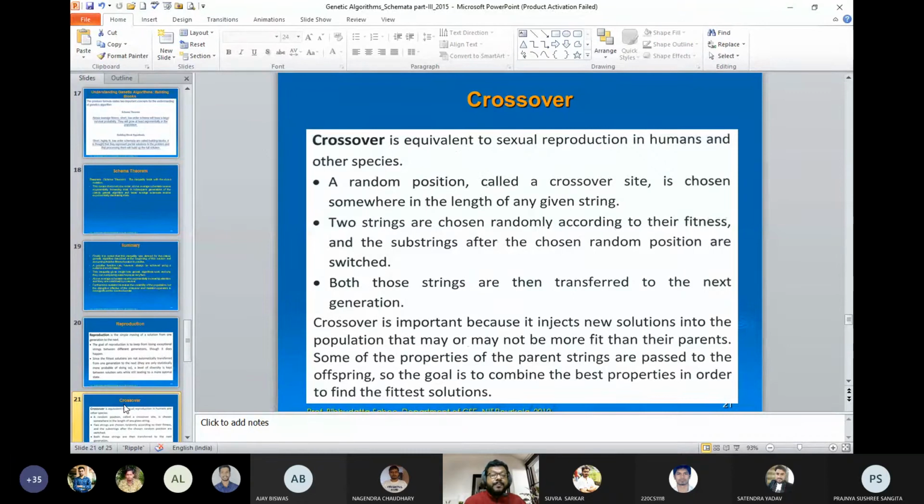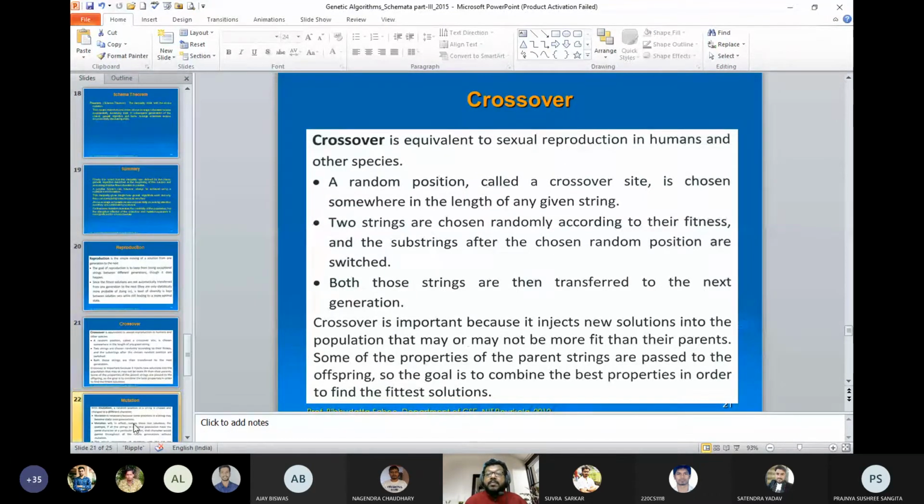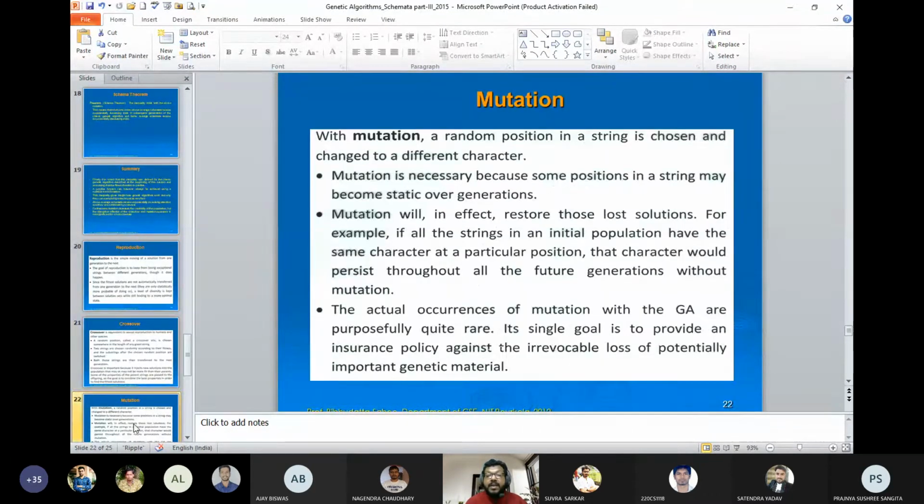Now the mutation. As I've explained, we go for the mutation just to overcome the situation where we are landing in a local maxima or local minima.